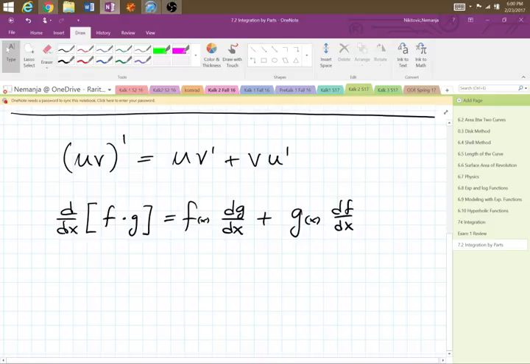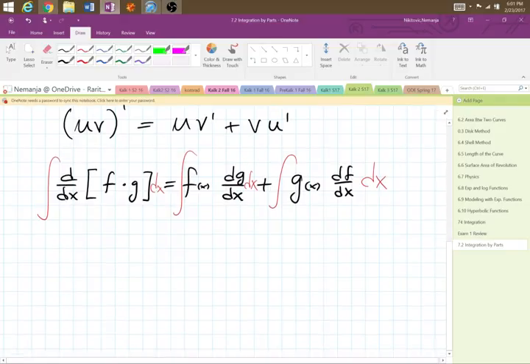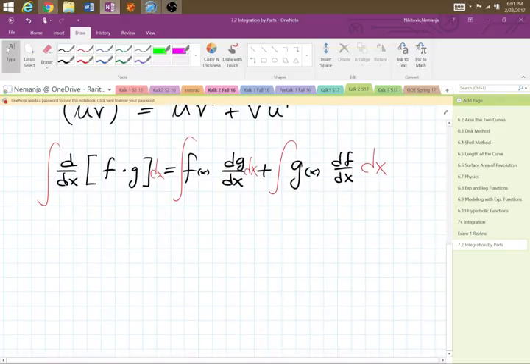Now, what do we want to do? Well, I want to integrate this. So I'm going to integrate everywhere, and when you are integrating, you introduce an integral and then dx, and then integral and dx, and then the integral and dx. So what happens?